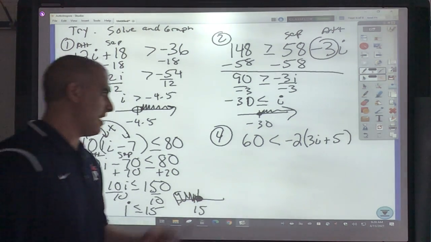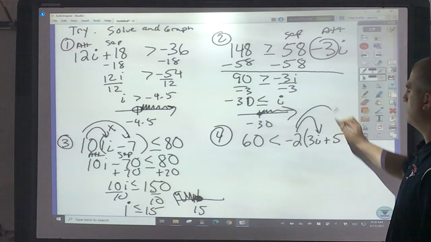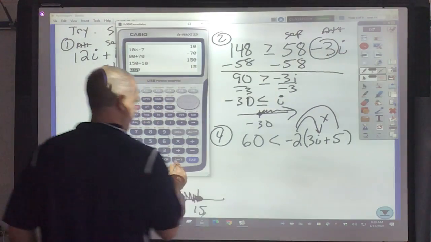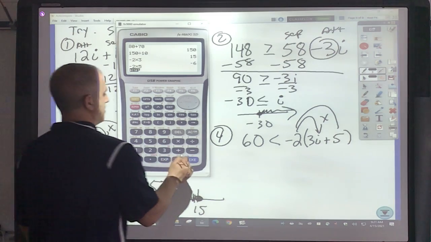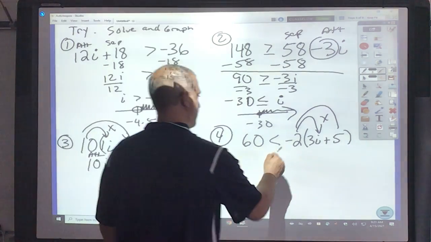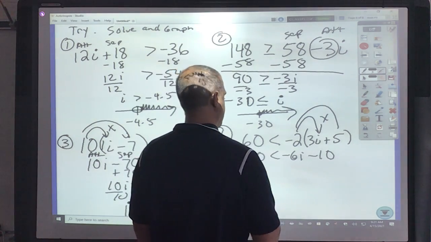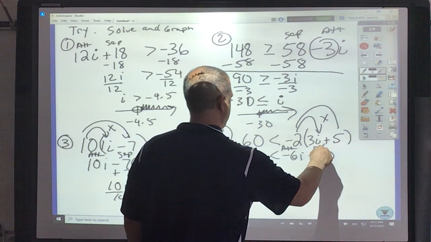Okay, now, this one, I want to take this negative 2, I want to multiply. Okay, all right, negative 2 times 3, negative 2 times 5. So I got negative 6i minus 10 equals 60. Okay, all right, this is the attached, this is the separated.